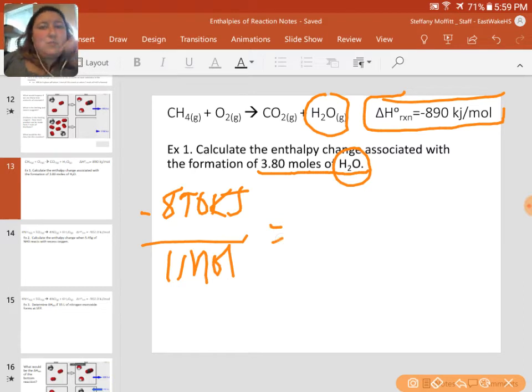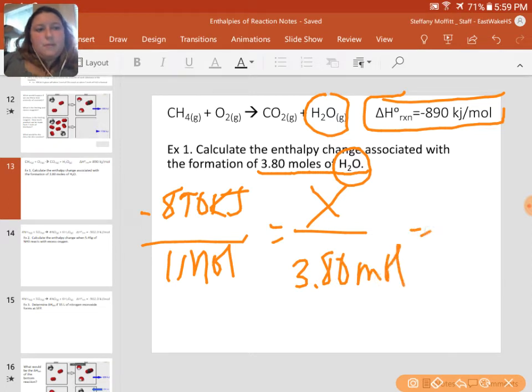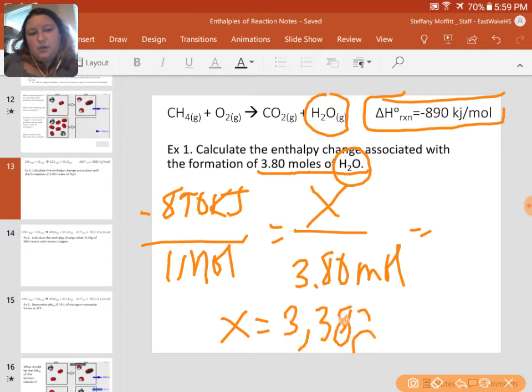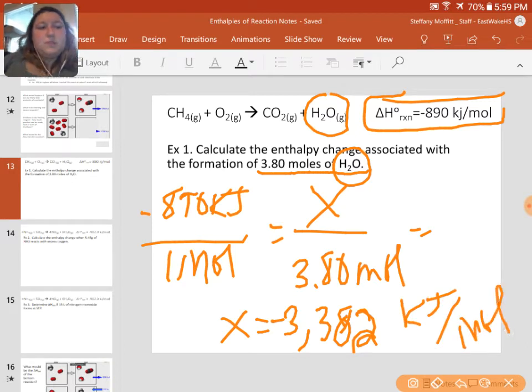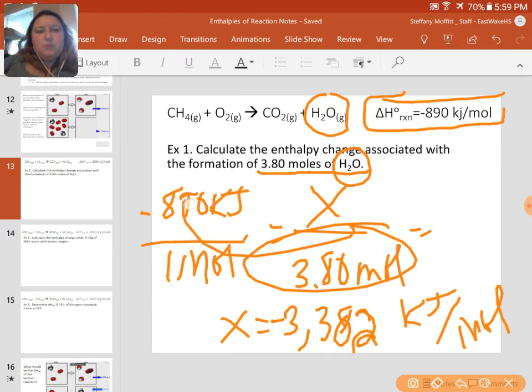And it's just simple, find the x over 3.80 moles. And I get x to equal 3,382. Oops. And that's going to be a negative number. Kilojoules. Simple, just multiply by 3.80 moles to get that x.